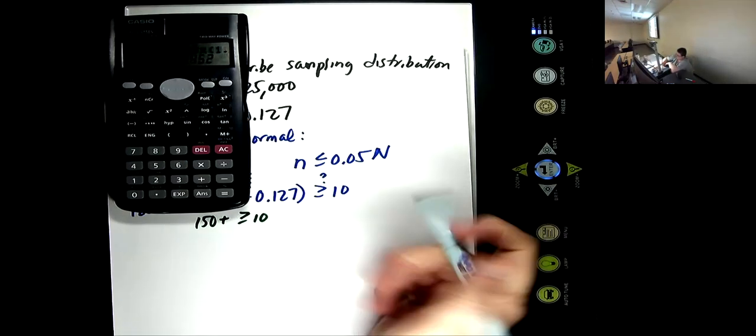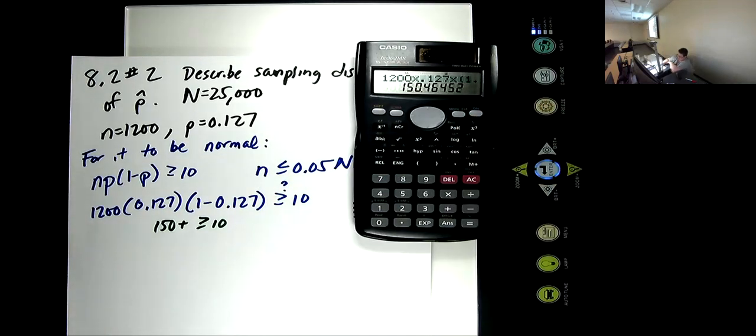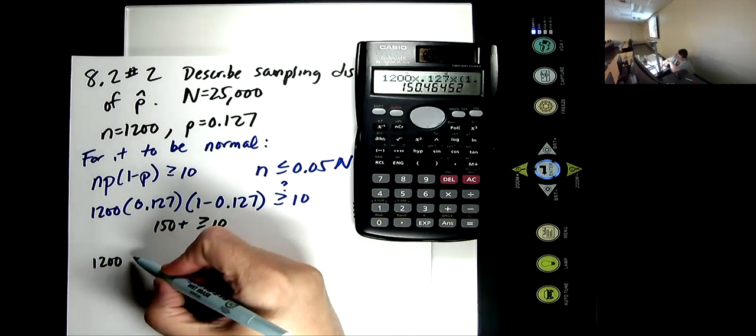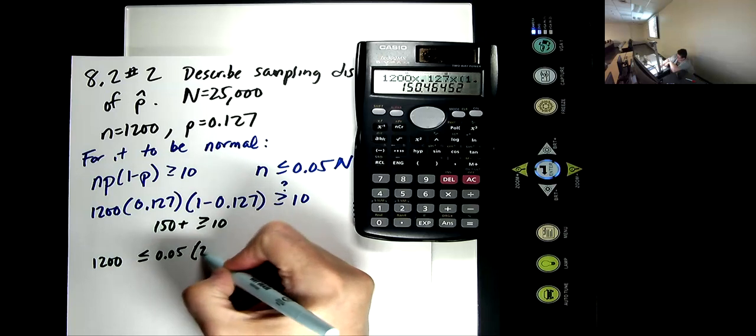Now we need to check the other one. So is 1200 less than or equal to 0.05 of 25,000?